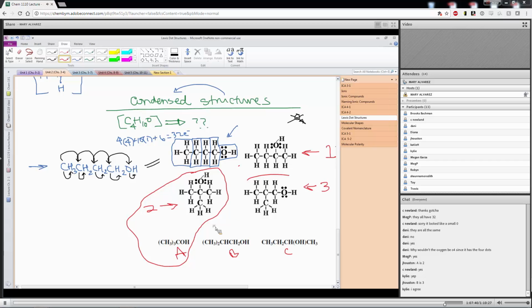And then by process of elimination, it's looking like C is number 1. Does everybody feel comfortable with C being number 1? Well, sure. Okay. So what do these parentheses mean then?